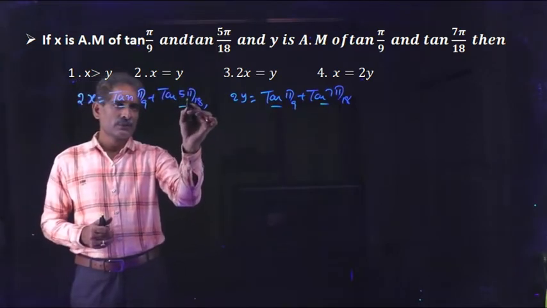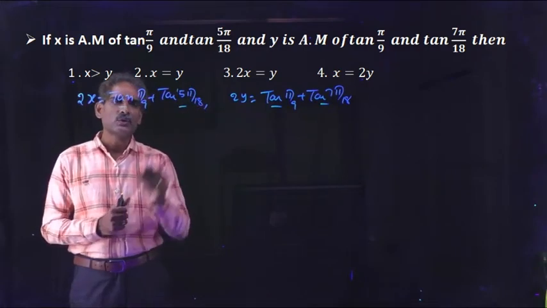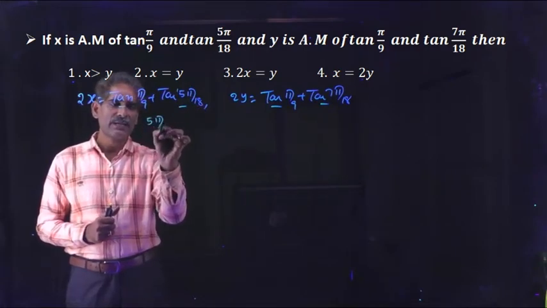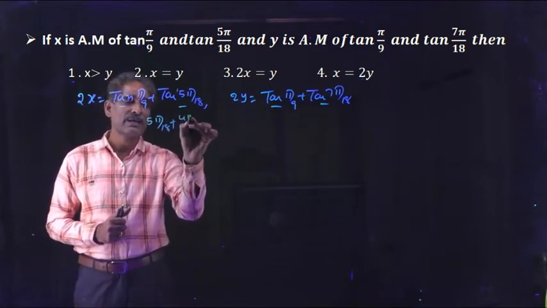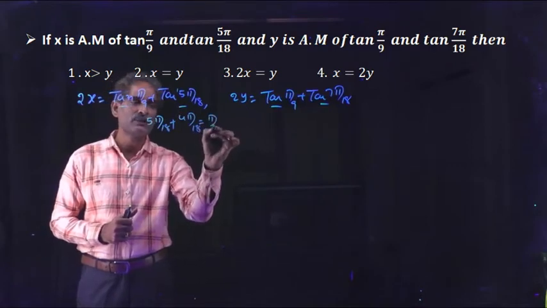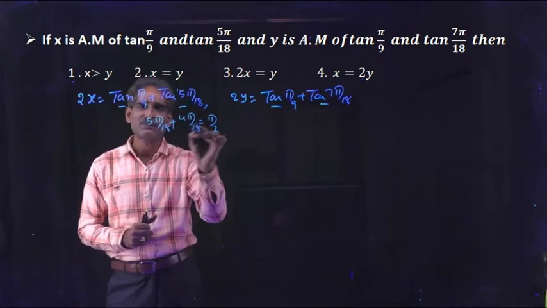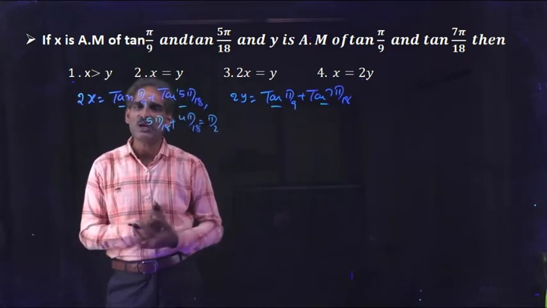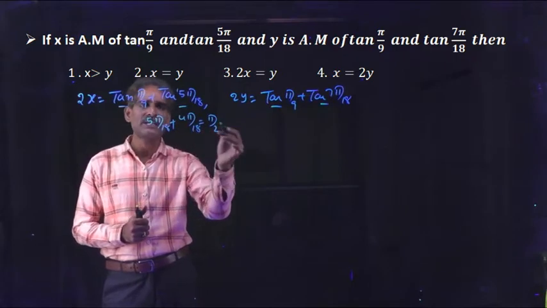Here try to change this angle 5π/18. We know that 5π/18 plus 4π/18 is nothing but 9π/18, that is equal to π/2. So tan A, where A plus B equals 90, is equal to cot B, because 5π/18 is equal to 90 minus 4π/18.